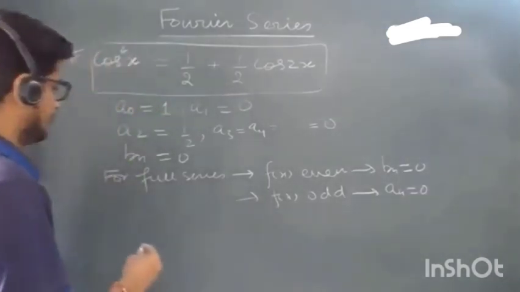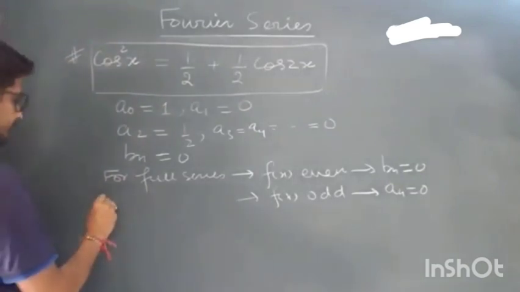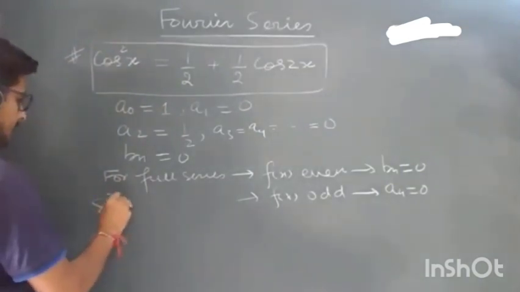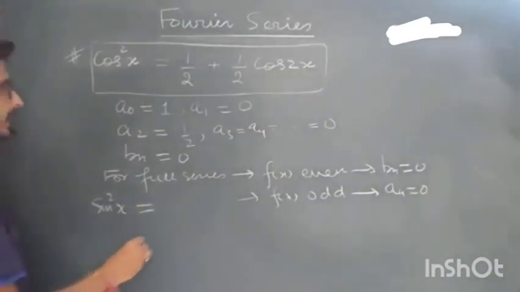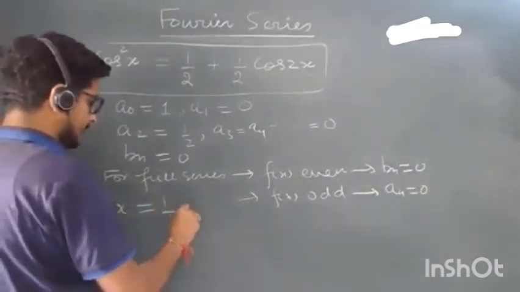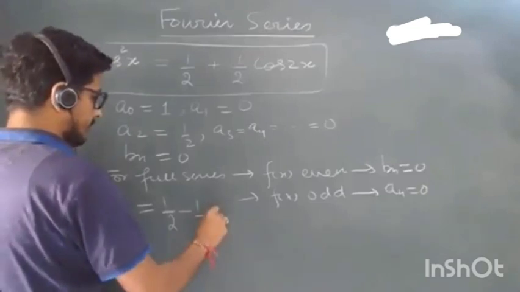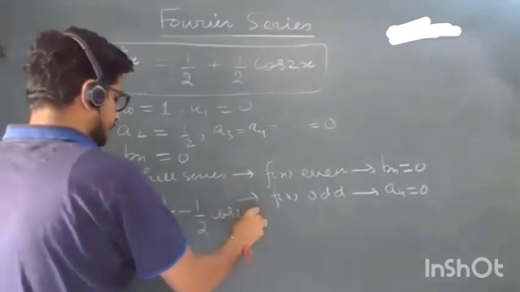So if I write sine square x, you will realize it is half minus half cos 2x.